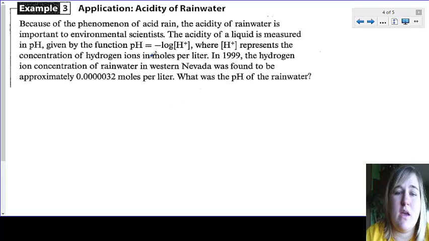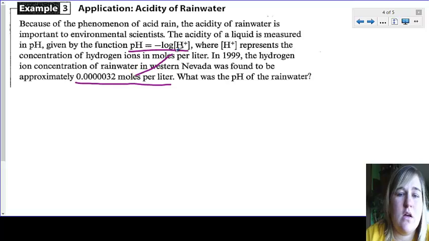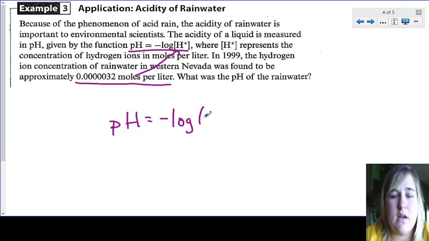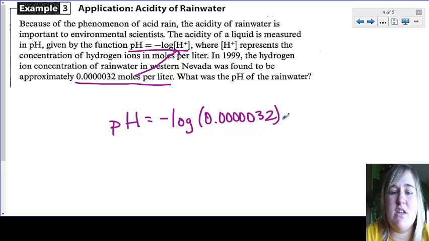Well, they give me the formula, and they're saying that it was 0.000032 moles per liter. That is what goes here. So I'm going to have pH is equal to negative log, and instead of that H plus, I'm going to put in 0.000032. And now all I have to do is punch this into your calculator.